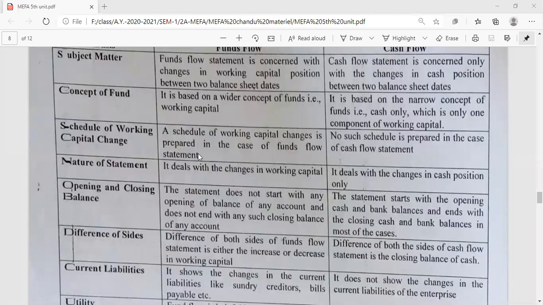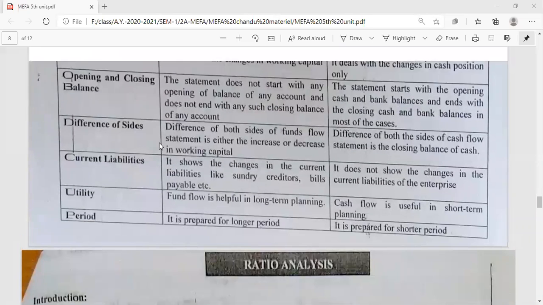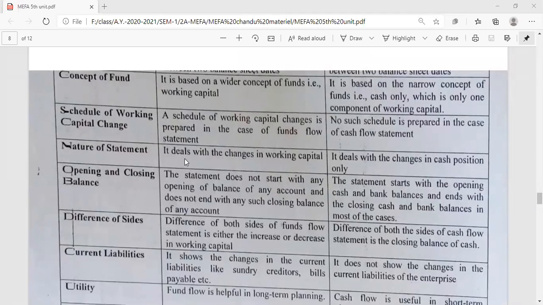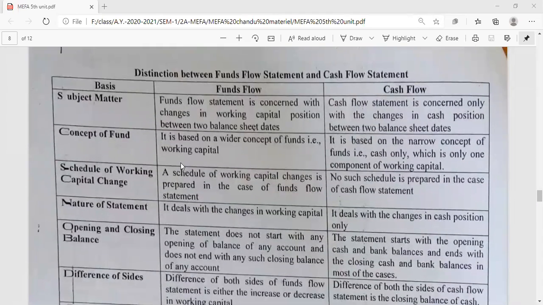So in the next class, we'll see ratio analysis. To complete these aspects, it's sufficient for right now.